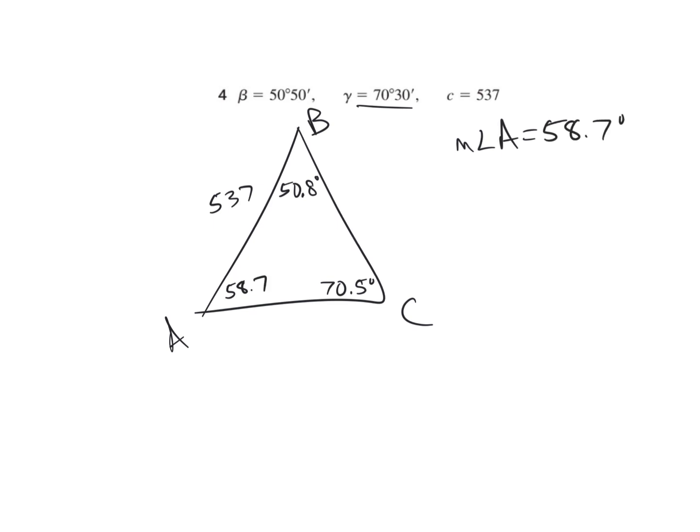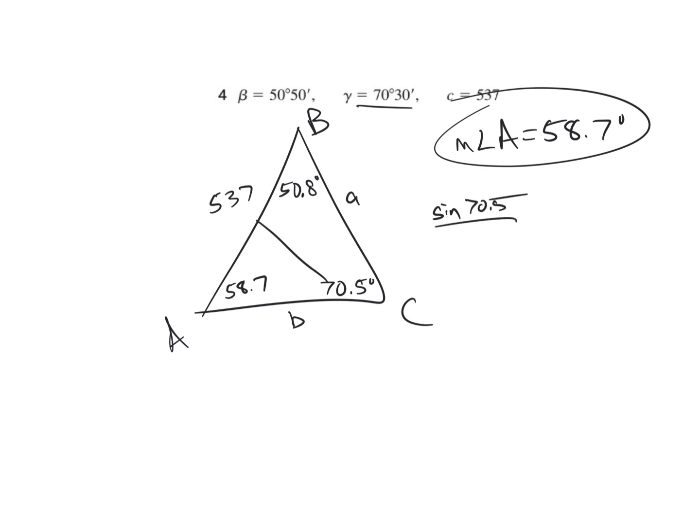All right, so that's one thing that we need. We need little a and little b again. So these are the two things that we have, so we'll start with that. Sine of 70.5 is to 537, and we'll do B. Sine of 50.8 is to B. And then when we're done, we can do the sine of 58.7, which is angle A, is to little a.